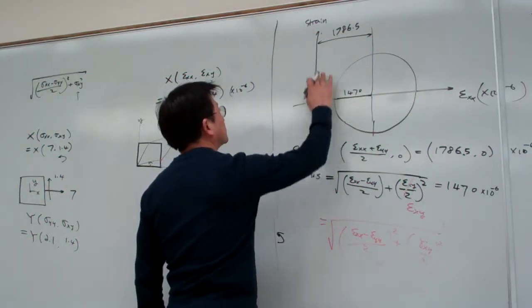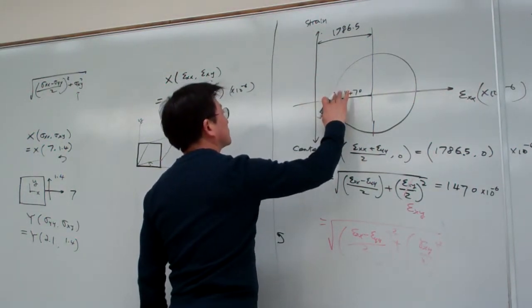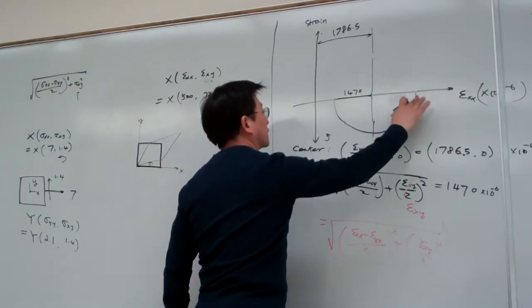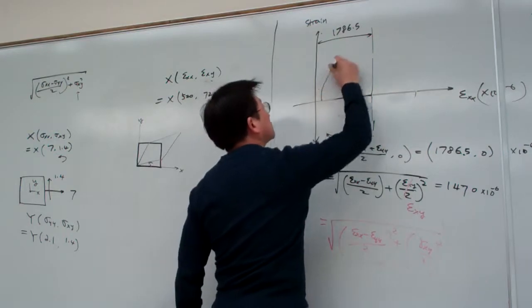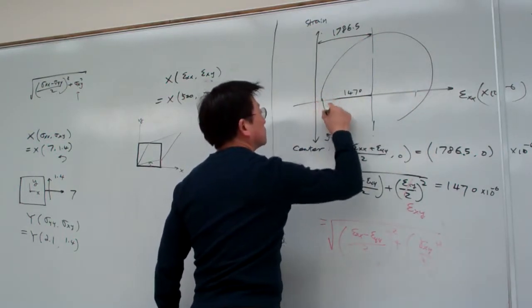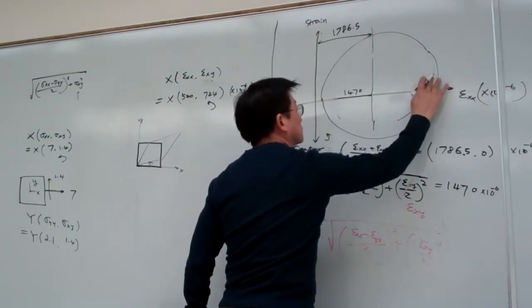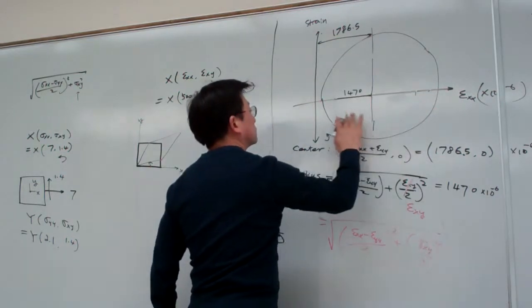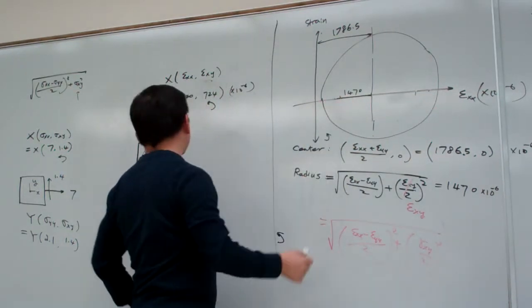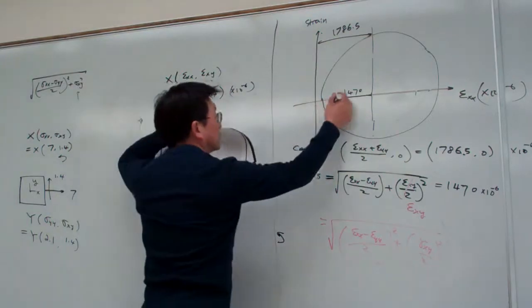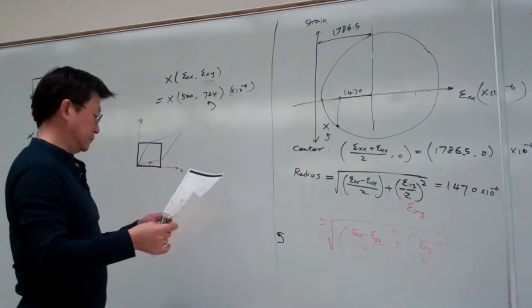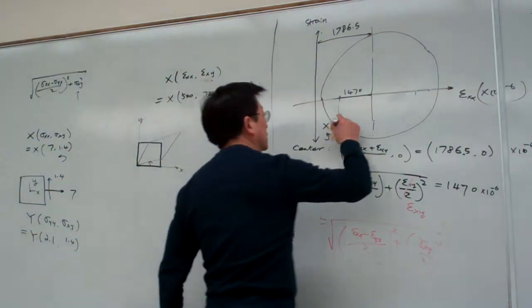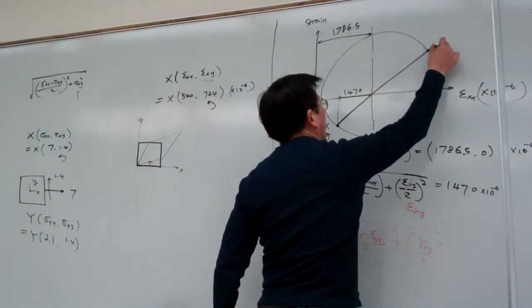Let me draw a larger circle here. 500 should be something here, and then 700. So that point x should be here.